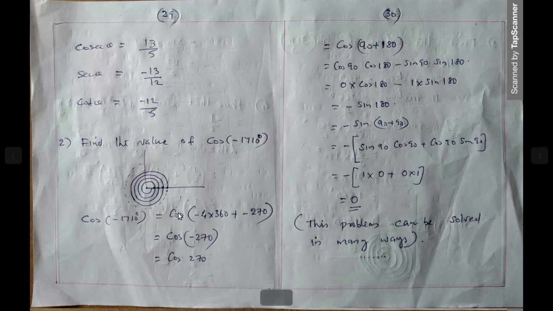Then cos of minus 4 into 360 plus minus 270. So now you are here. So this angle is equal to minus 270. So instead of minus 1710, that is 360 plus 360 plus 360 plus 360 plus 270.